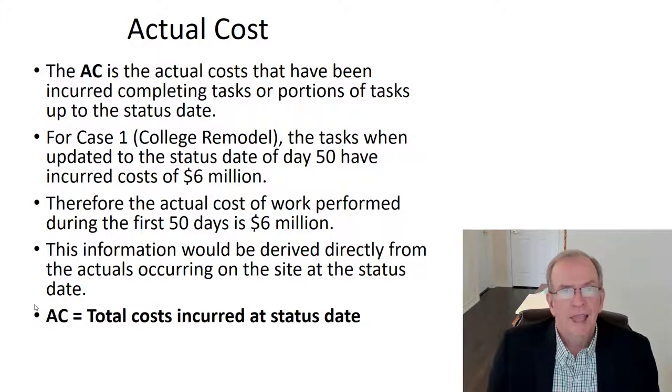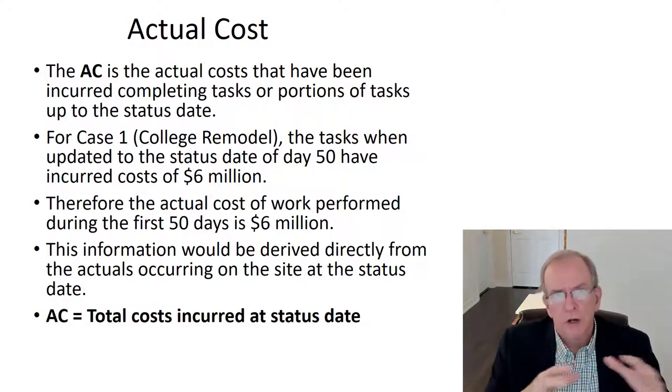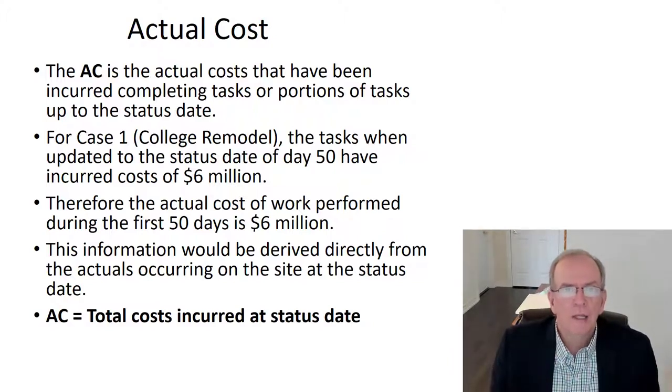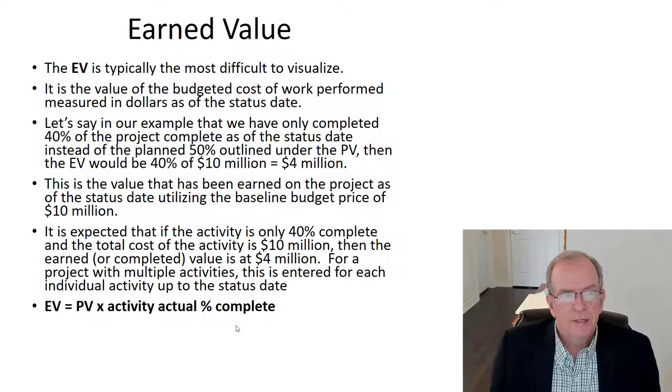But if you're not at that level, which we would typically call level 3 of schedule management, with earned value analysis you're loading and measuring stuff that probably is not accurate at all. So what are you looking at? Garbage in, garbage out, so to speak. That's why you see it on large projects, infrastructure projects, where you have people dedicated to making sure that these costs are tracked, applied correctly, and reviewed. So AC equals total costs incurred at the status date.